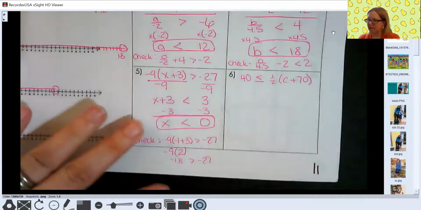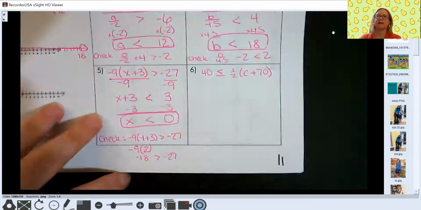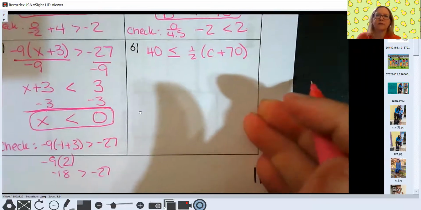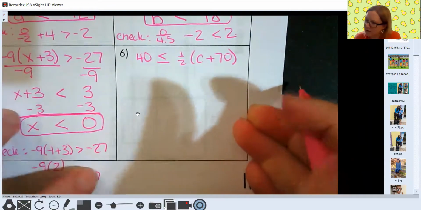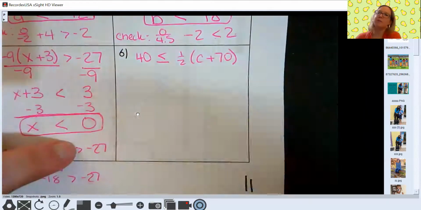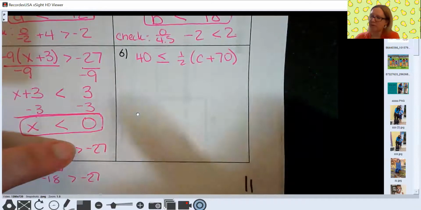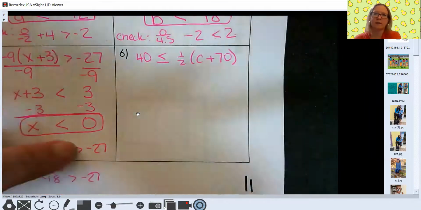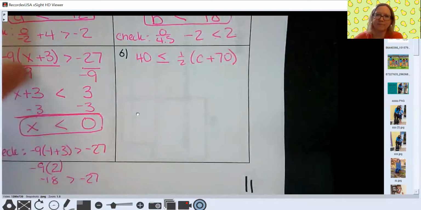All right, let's take a look at number 6. Same thing: I could apply my distributive property first or get rid of what's outside of the parentheses first. That's what I'm going to do because it's one less step.